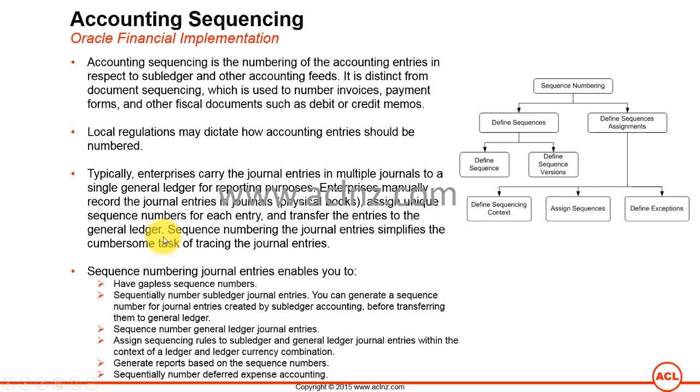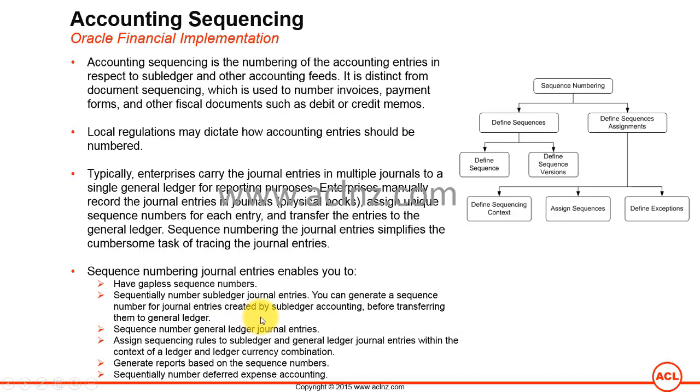In terms of sequence numbering advantages, it enables you to have gapless sequence numbers, sequentially number subledger journal entries. You can generate a sequence number for journal entries created by subledger accounting before transferring them to the journal ledger.